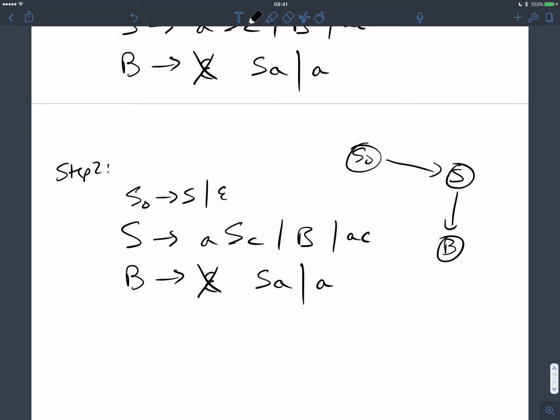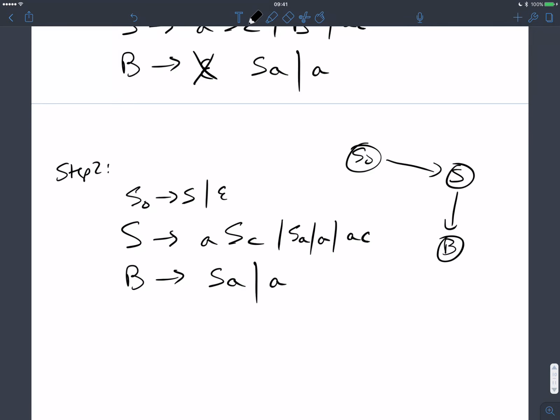And so what am I going to do here to fix the unit rules? Yeah, so let's start at B first. So what should I do? Yeah, so I'm gonna take the right-hand sides of B and put them in the right-hand side of S, where B was, because I'm gonna get rid of it.